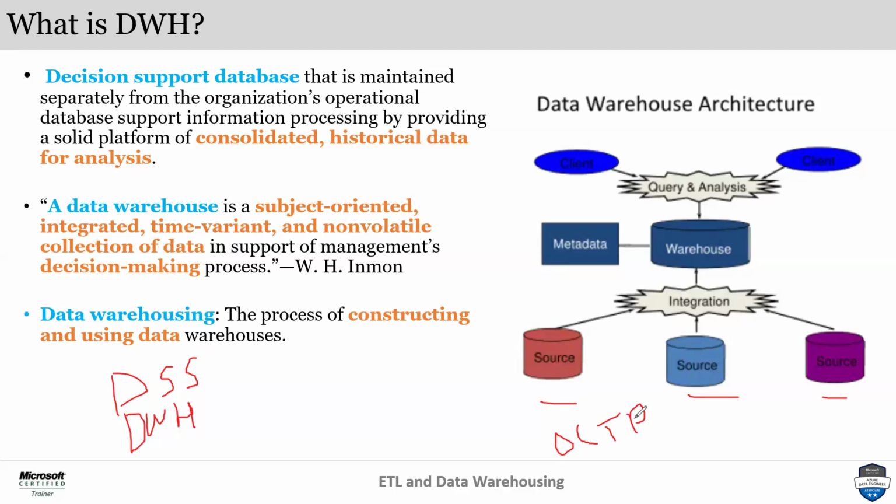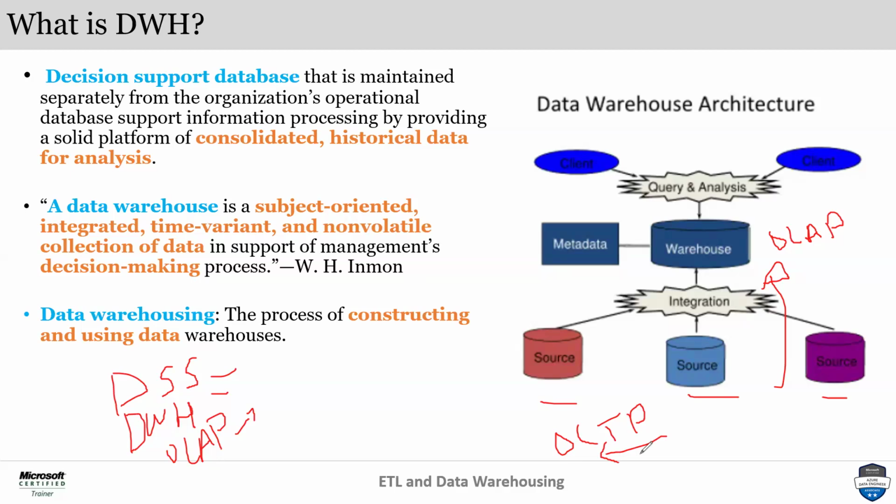The separate database which helps the decision support system is called OLAP, online analytical processing. So data warehouse, DSS, and OLAP are all the same thing, referred to with various terminology.